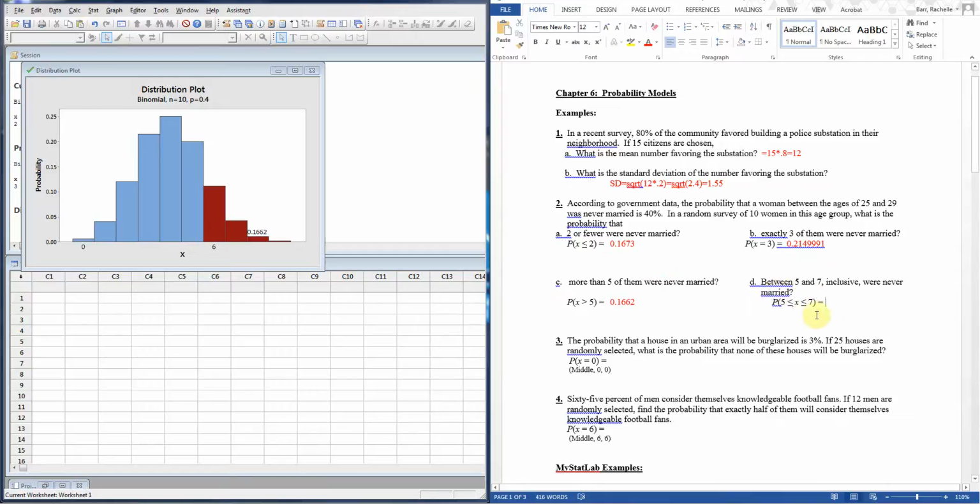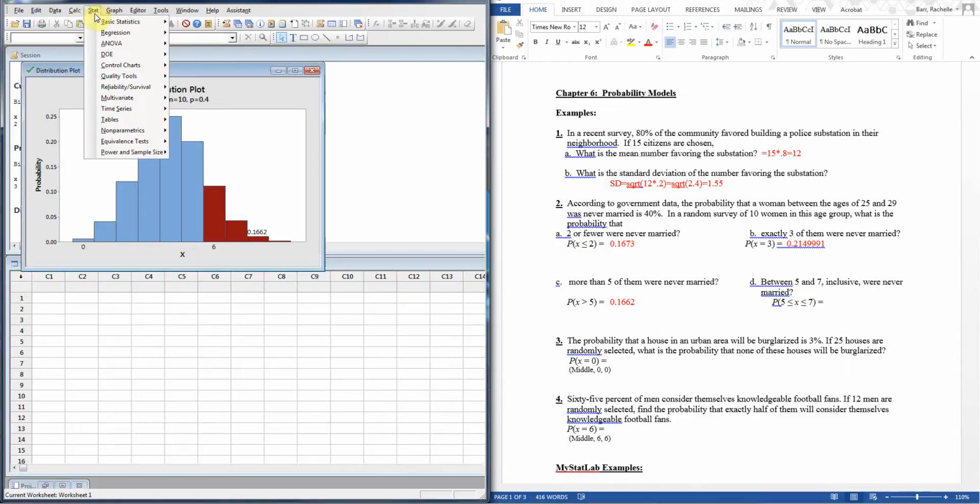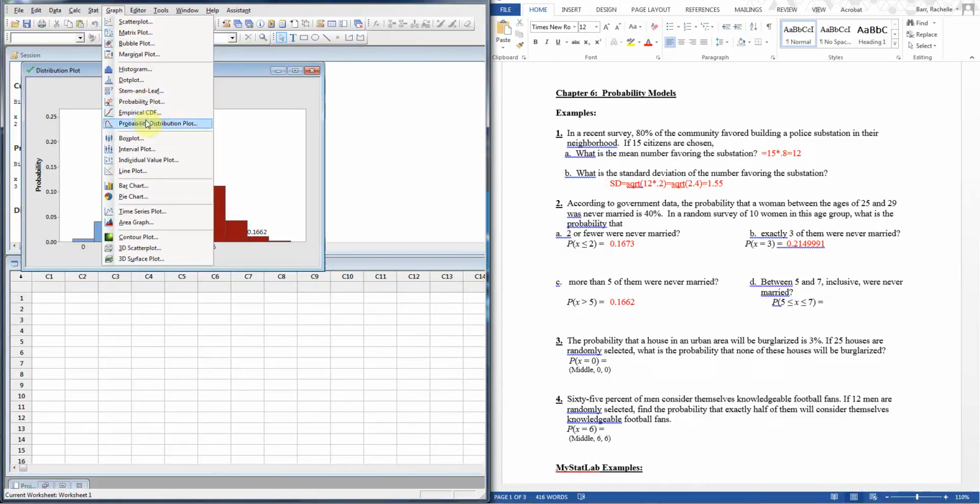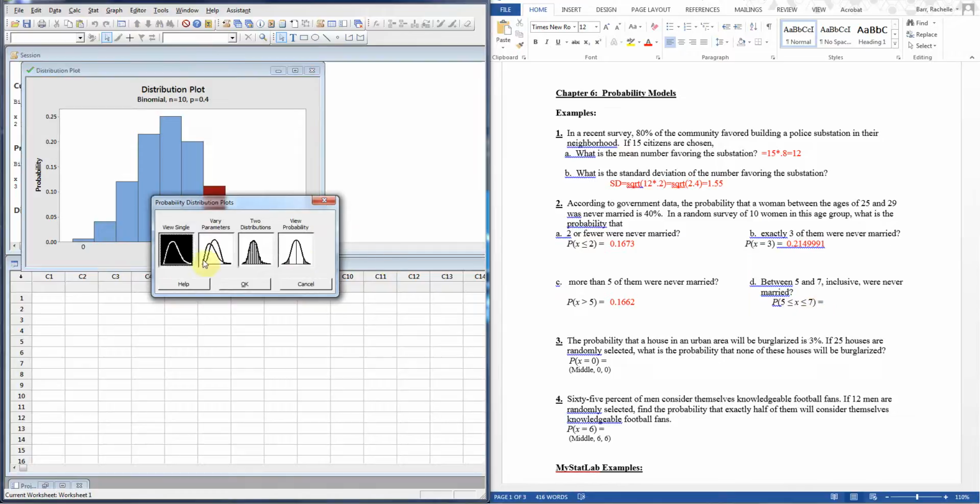Okay, now let's do between 5 and 7. Now, this is inclusive, so I can do 5 to 7 and not have to use just 6 because there's more than just 6 in here. It's 5, 6, and 7. So I'm going to do graph because this also does the in-between value a little bit better.